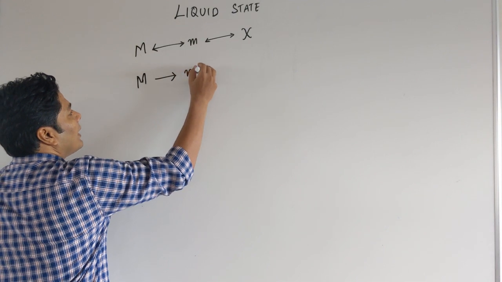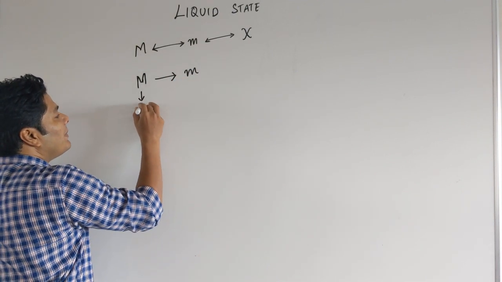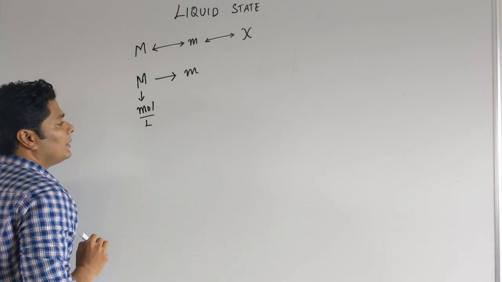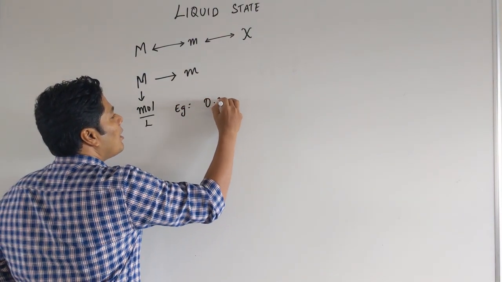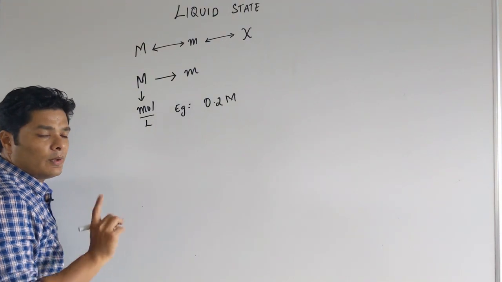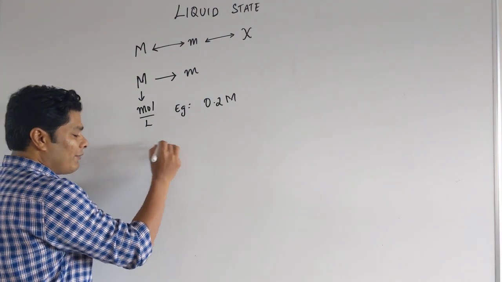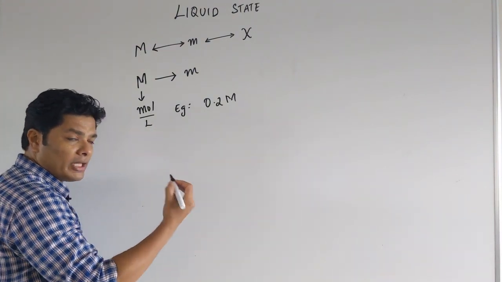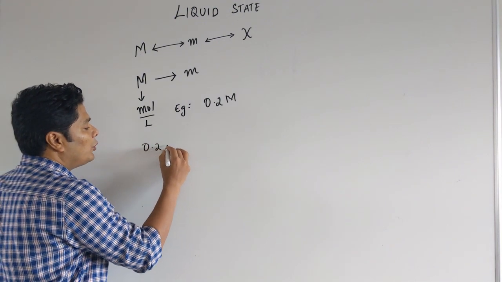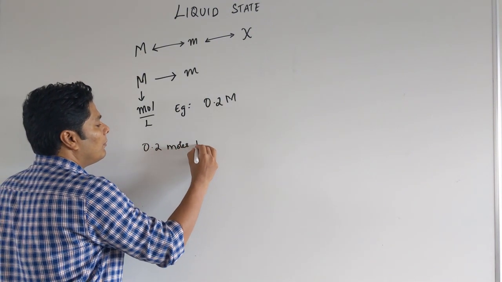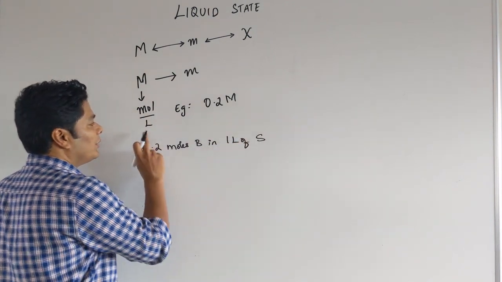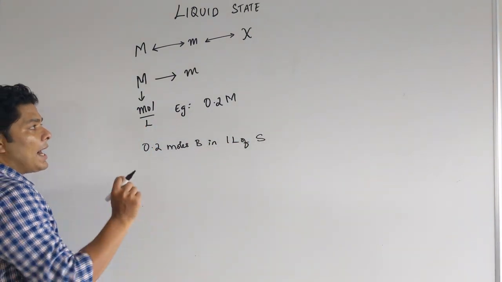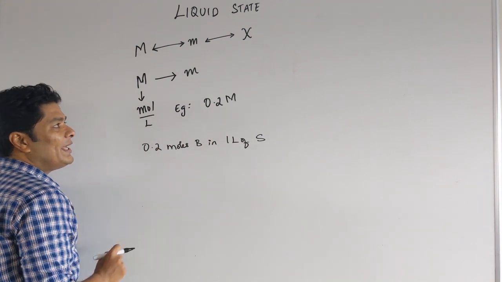molarity to molality. What I have been given is moles per liter. Let's say they tell me it is 0.2 moles. You don't have to write down these steps; this is how you think it through. I have 0.2 moles of B in 1 liter of solution. That's what it means. In this problem they will always give you density.